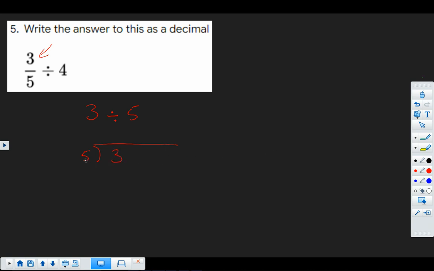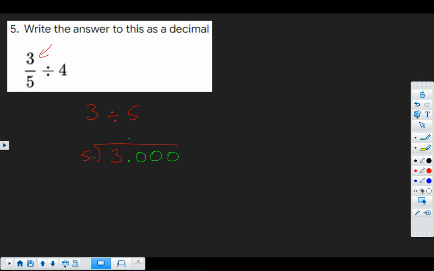A lot of students struggle with this because they look at it and go, well, how many 5s go into 3? None. I don't really know what to do here. The way we deal with this is that we put in some decimal places. And when we do that, we've got to make sure that our decimal point is replicated above the line as well. You'll see why this works.